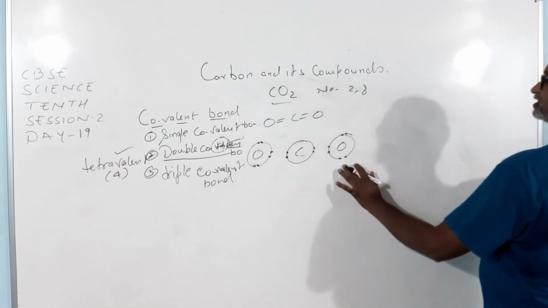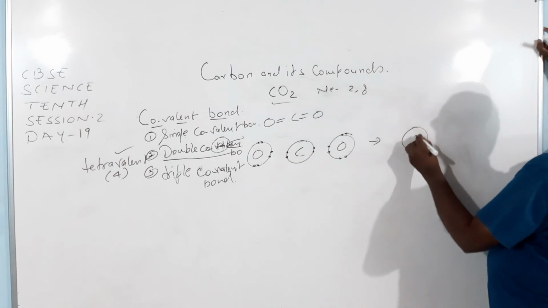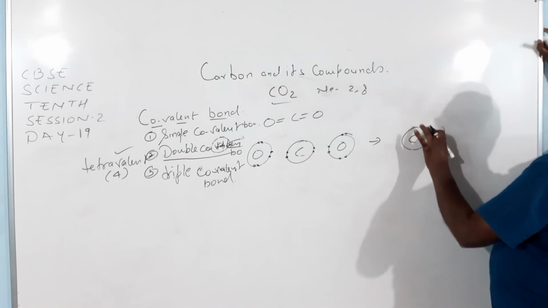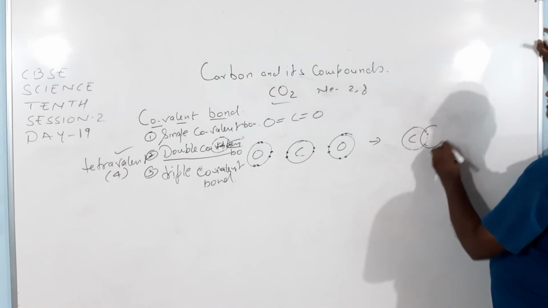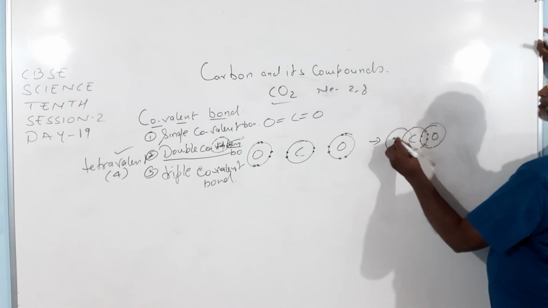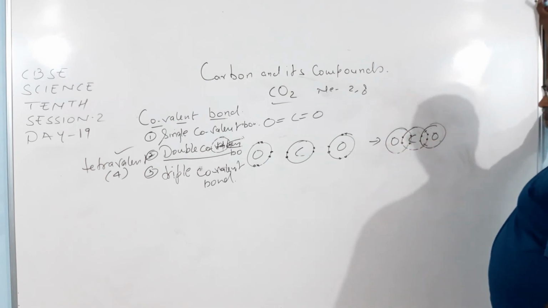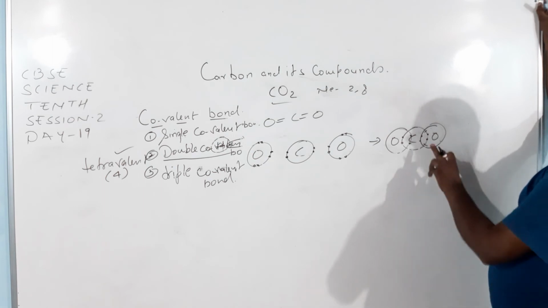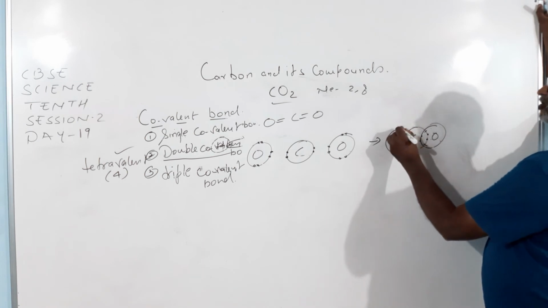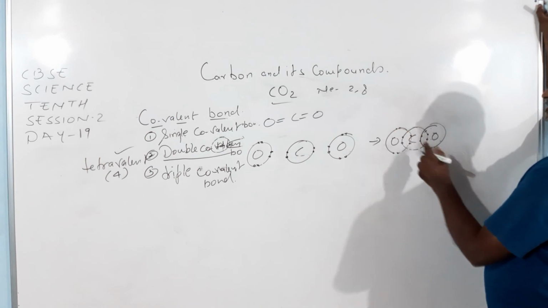Now carbon atom shares two pairs of electrons with each of the two oxygen atoms. And you can see that octet of carbon atom 4, 4, 8 and octet of oxygen atom 1, 2, 3, 4, 5, 6, 7, 8 is completed.